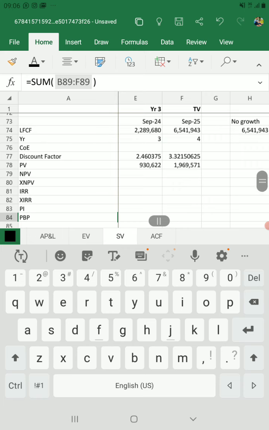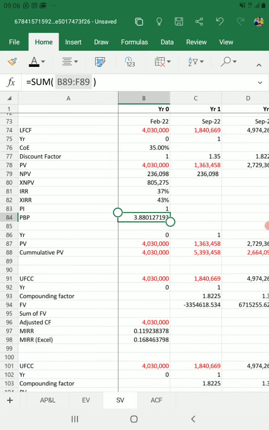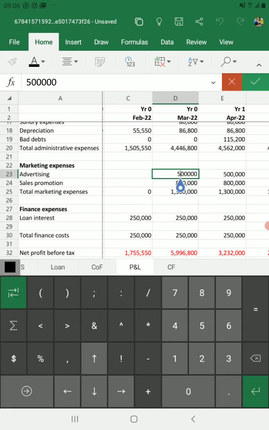Okay, so maybe that one is too much, so let us go back again and reduce it a bit. So in our P&L, instead of 500,000, let us say 300,000, and instead of 800,000, let us say 500,000.